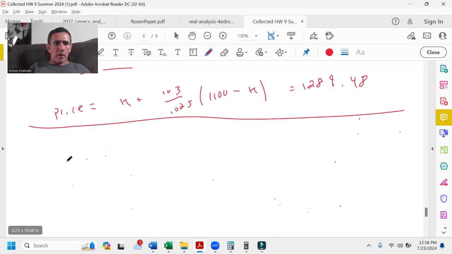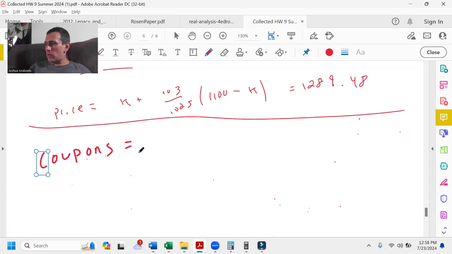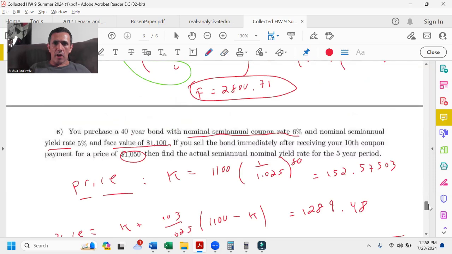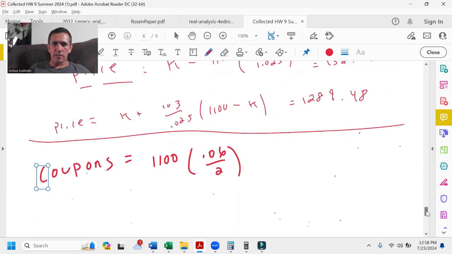Okay, so what are my coupons? Well, it's simply your face value, 1,100, times 0.06 over 2, because the given nominal semi-annual coupon rate is 6%.